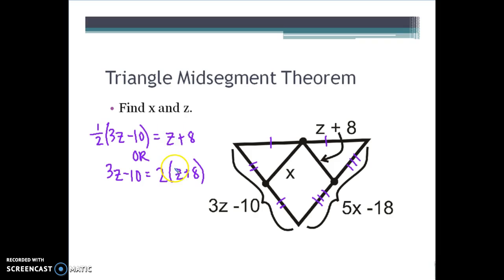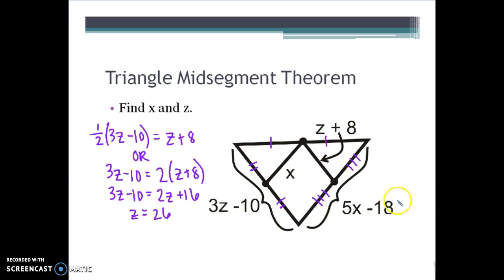Either way works, and we're just going to solve for Z. First I'm going to distribute. So I get 3Z minus 10 equals 2Z plus 16. I'm going to move my 2Z over to get Z, and move my 10 over to get 26, so Z equals 26.